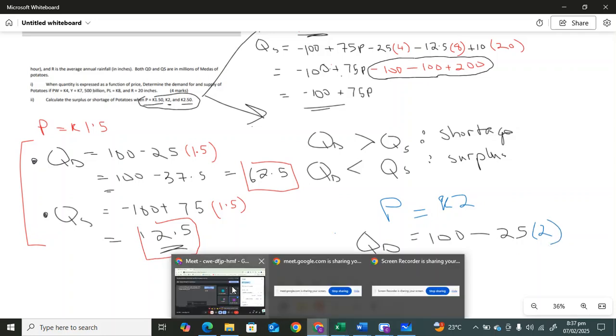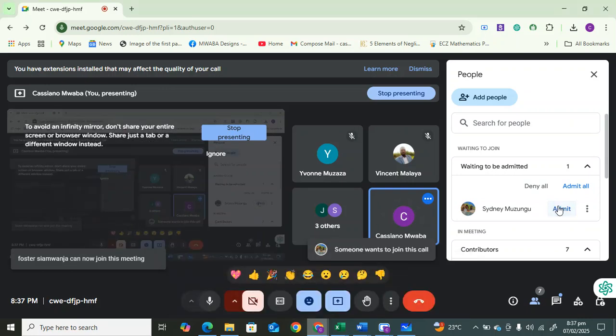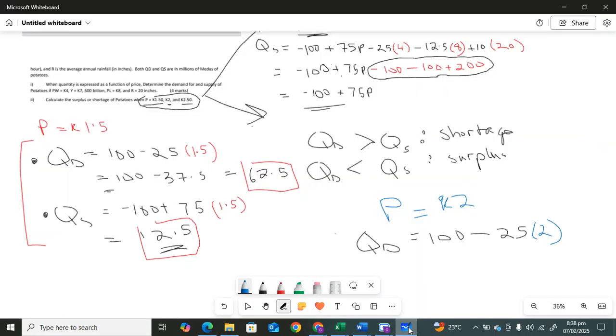Yes, what value do we get? 25 times 2, that is 50 kwacha. 100 minus 50. Quantity demanded is now 50 million medals. We can see the law of demand in play. At first, at 1.5, it was 62.5. Now the price has increased to 2 kwacha and demand has gone down.